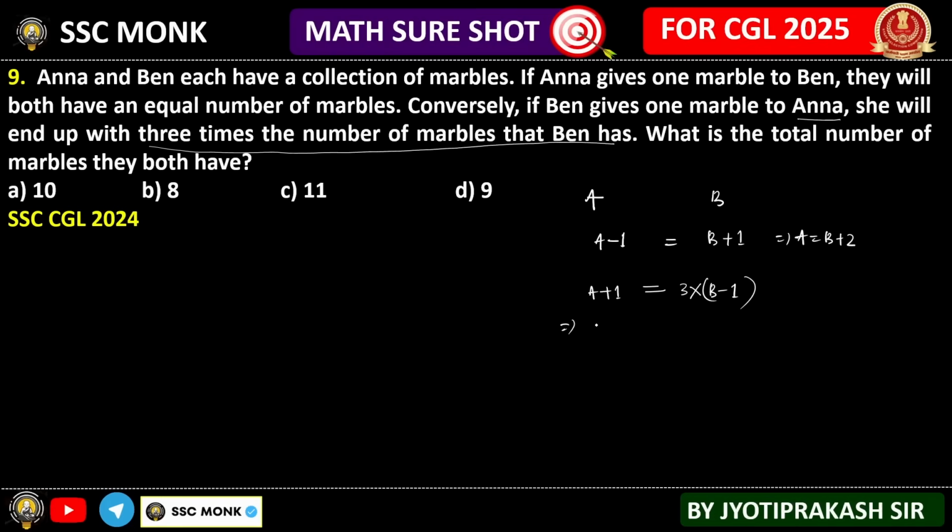B plus 2. B plus 2 plus 1, B plus 3 is equal to 3B minus 3. 3B minus B, 2B is equal to minus 3 minus 3... that is 6. B is equal to 3. If B is equal to 3, A will be 5. Clear? So what is the total number of marbles? 5 plus 3 is equal to 8. Option B is the right answer.